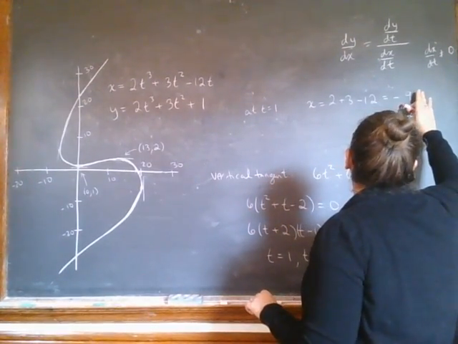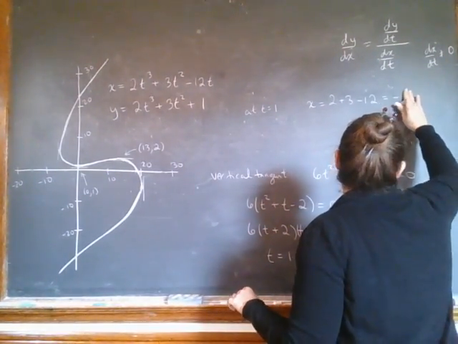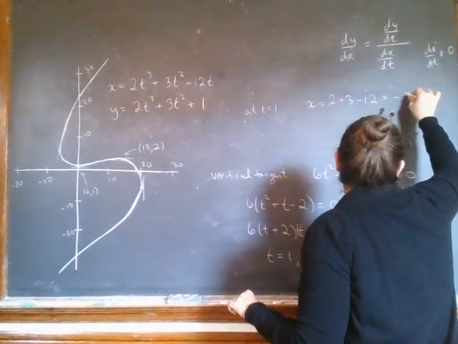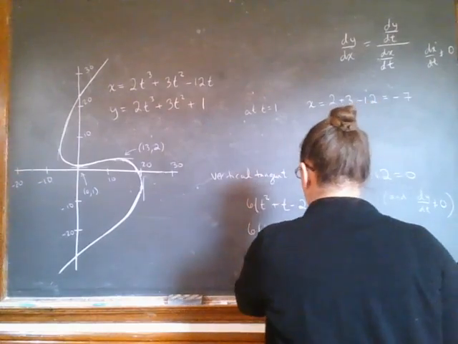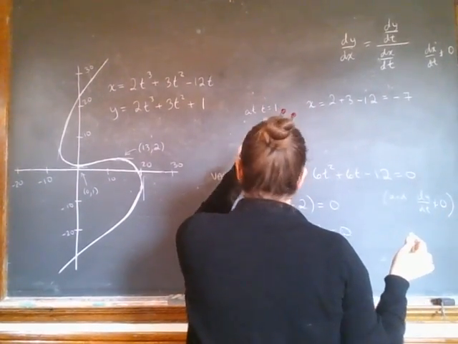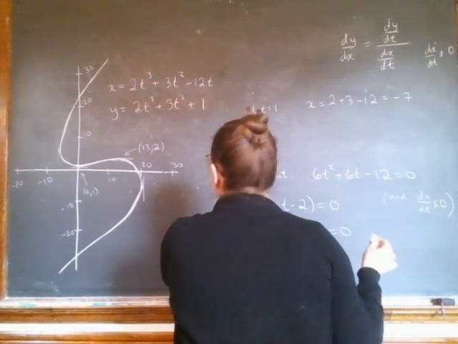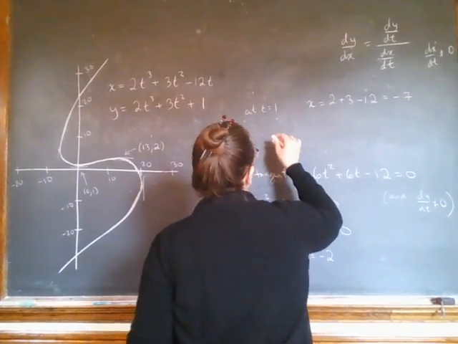No, wait. Yeah, 5. I can't add. No, it's not right. But, yeah, it is. It's right because it's 1. Positive 1, so positive, negative, not -7. That's fine.